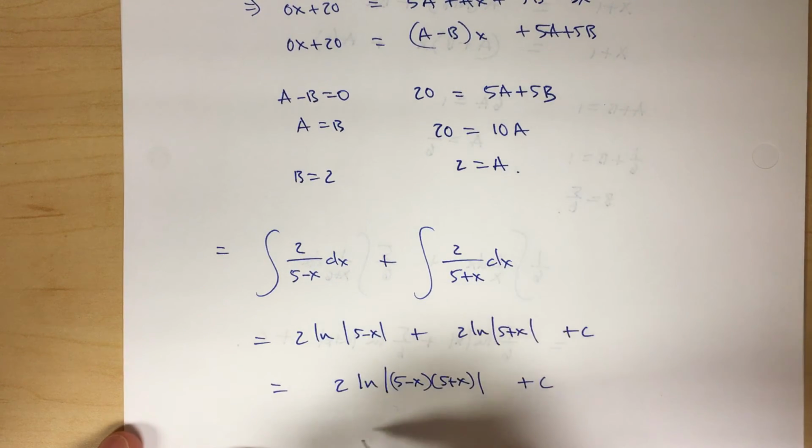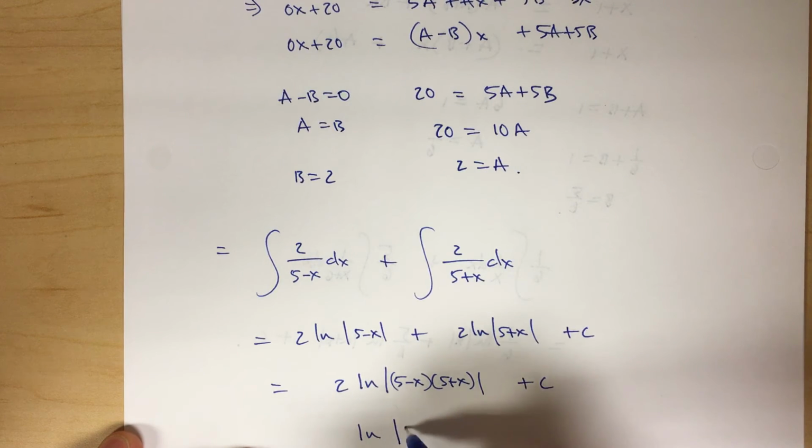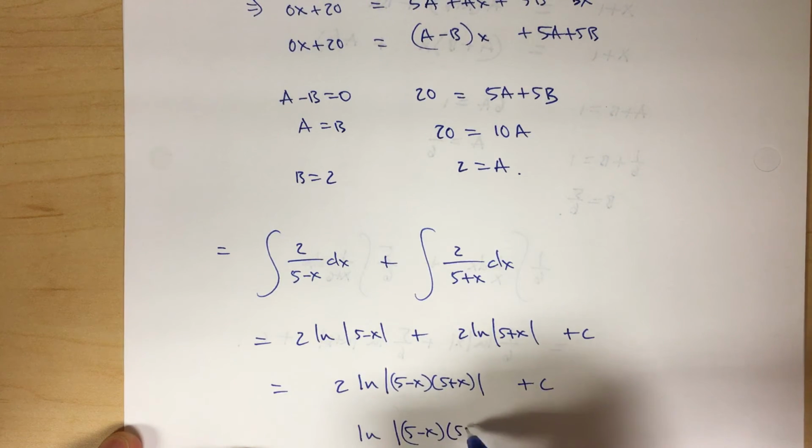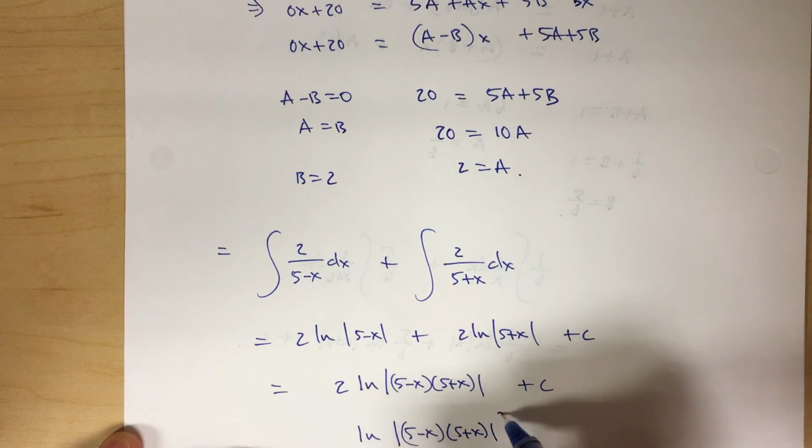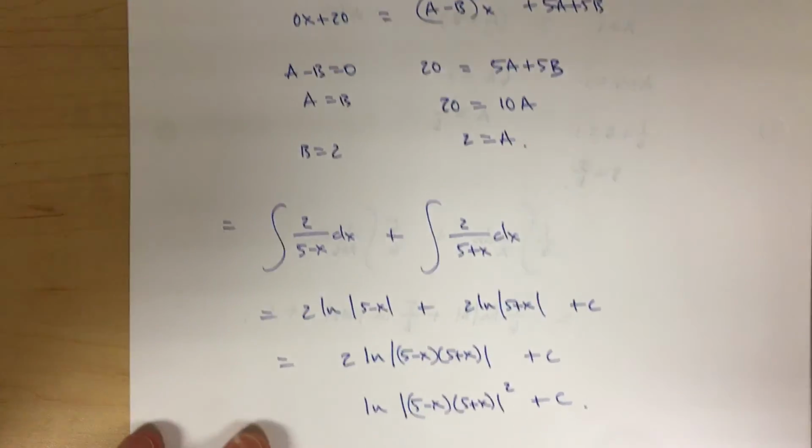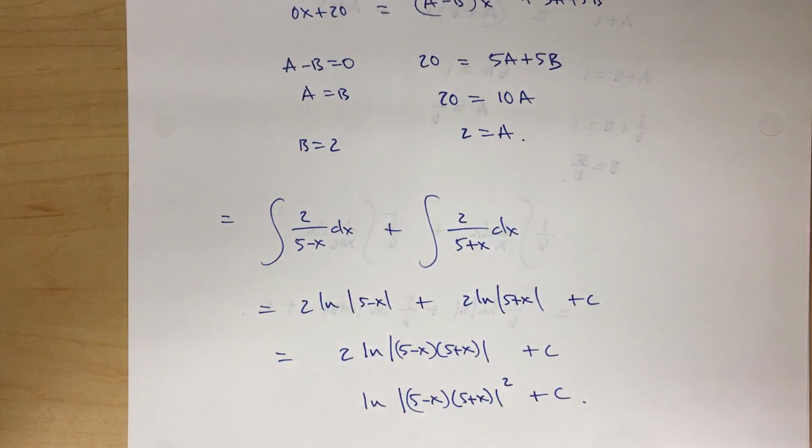And I could even say it's ln of the absolute value of (5 minus x) times (5 plus x), squared, plus c, and that would be my answer there. So in the next video we'll go over a couple problems that are actually more complicated, but these should give you a basic idea of the problems that we're hoping you can solve.